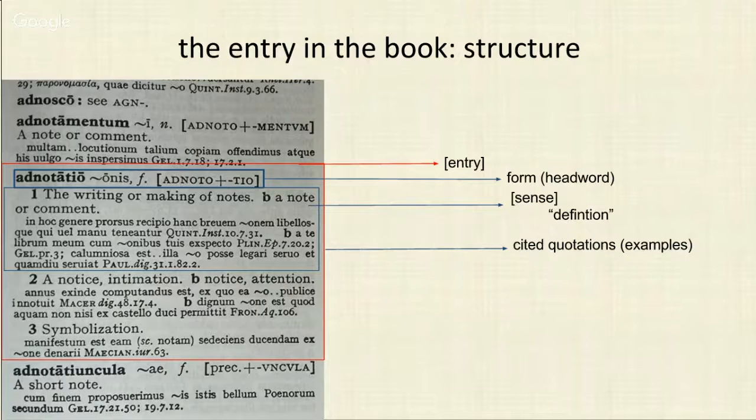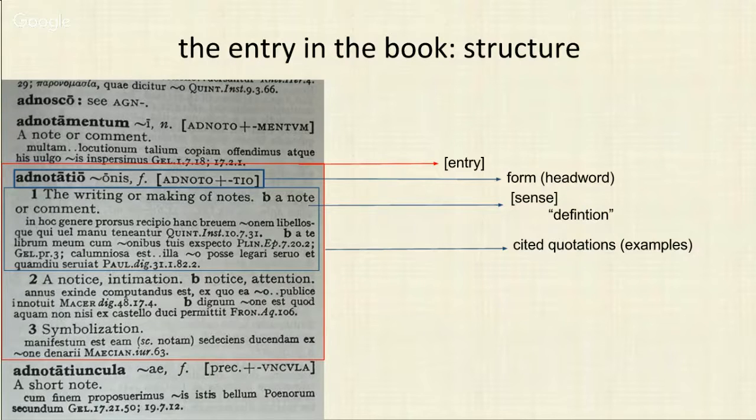We have the definition A, which is not there at all, and the definition B, which is marked as a note or comment. The definition B is the writing or making of notes. Now, in smaller letters below follow cited quotations, or examples, as we can call them, also organized in A, which is not present, and in B. And each quotation has a small text, and then the reference to the author where we can find these words.